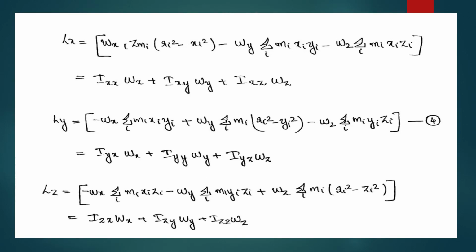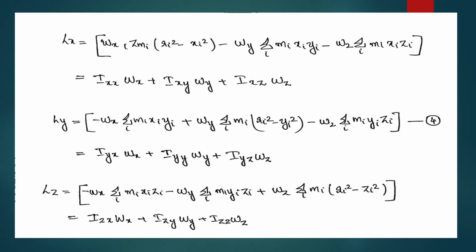Therefore, Lx is equal to omega x summation mi (ri square minus xi square) minus omega y summation mi xi yi minus omega z summation mi xi zi, which is equal to Ixx omega x plus Ixy omega y plus Ixz omega z.